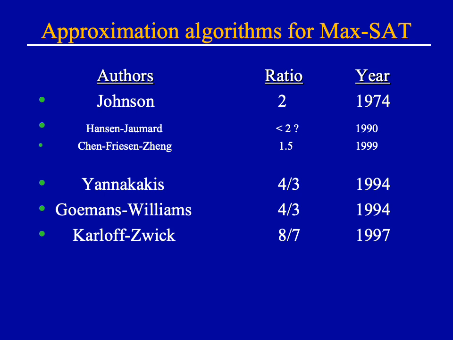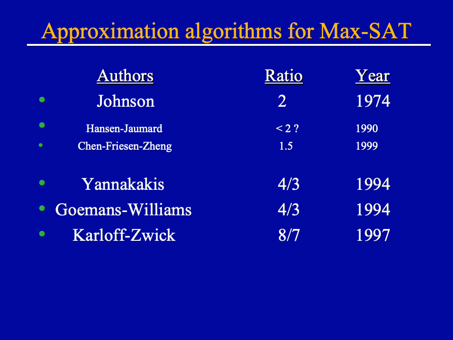There is progress for SAT algorithms. Yannakakis has an algorithm of ratio 4/3. Recall that this is 1.333. Goemans and Williamson also have an algorithm of the same approximation ratio, published in the same year.